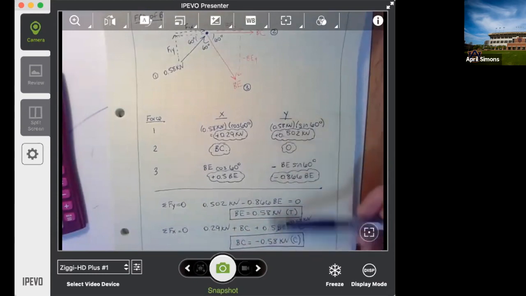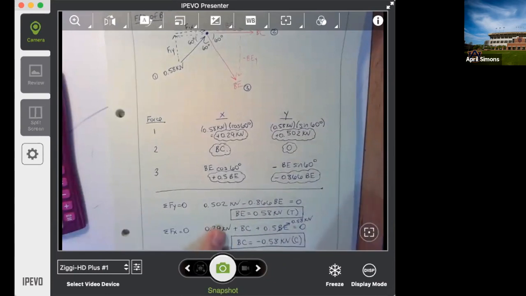Okay, so any questions about our free body diagram of B? Okay, so we want to go back to our force summation diagram and translate these numbers.